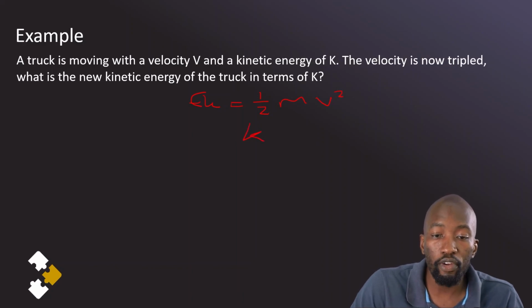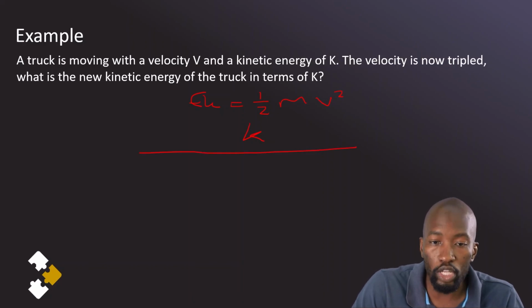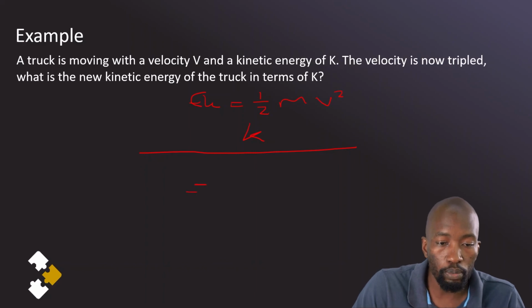Now they're saying if the velocity is now tripled, so let's see what would happen to the kinetic energy. So this will be a new kinetic energy. A half, the mass is still the same, the velocity is now tripled. Tripled just means 3 times v, and we need to square this. So this means we have half m 9v squared.